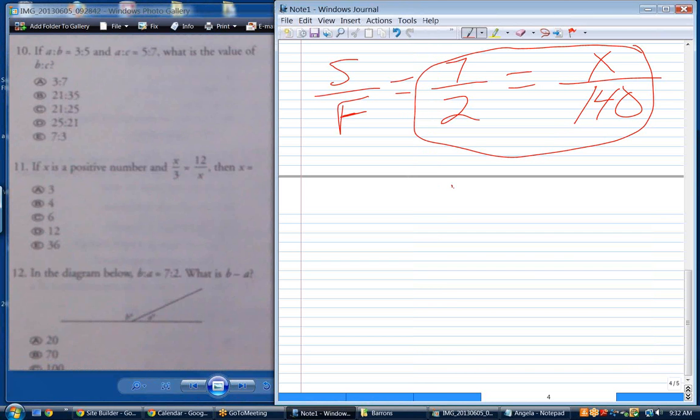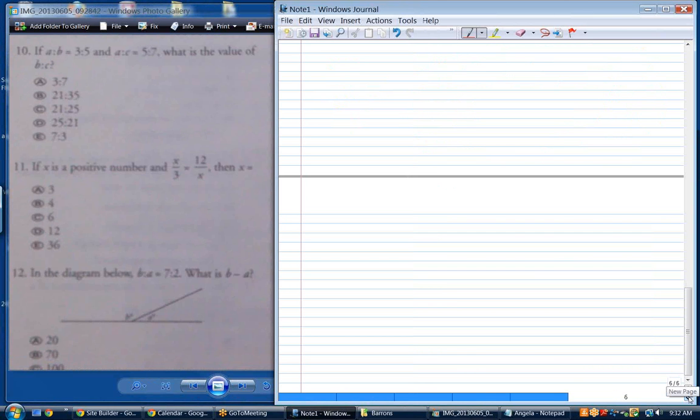These problems here, I personally am not real fond of the colon if we're talking about ratios. Ratios are fractions. And if I'm going to do a ratio problem, I'm going to start off by converting all my colons to fractions.